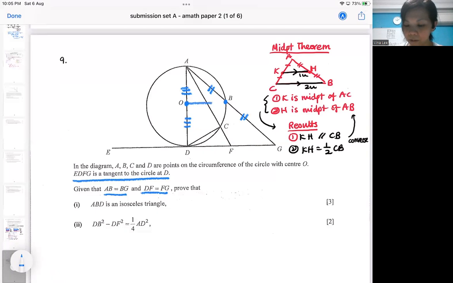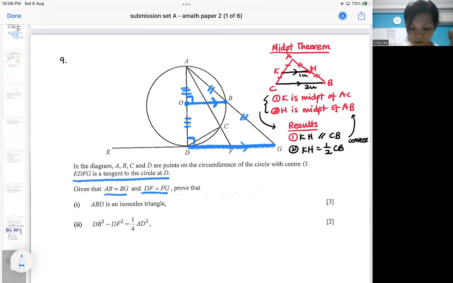That means this should be parallel to this. And because just now I know that there is a 90 degree here, from the radius perpendicular to tangent, and right now I got the parallel line, that also implies a 90 degree here.